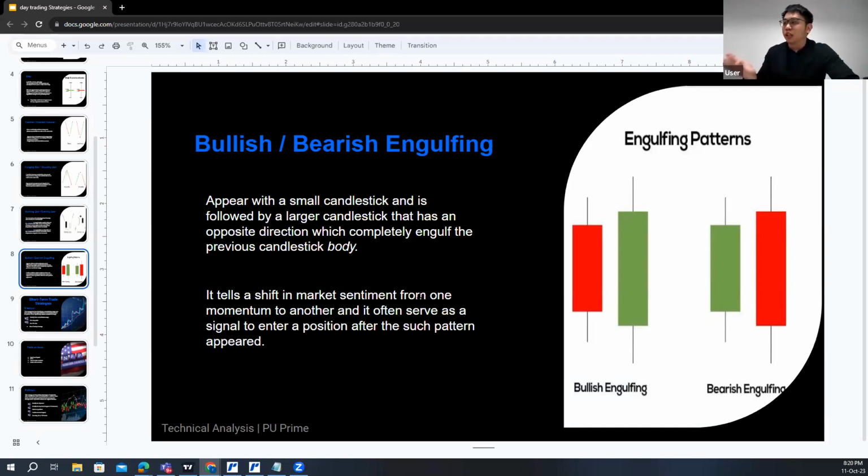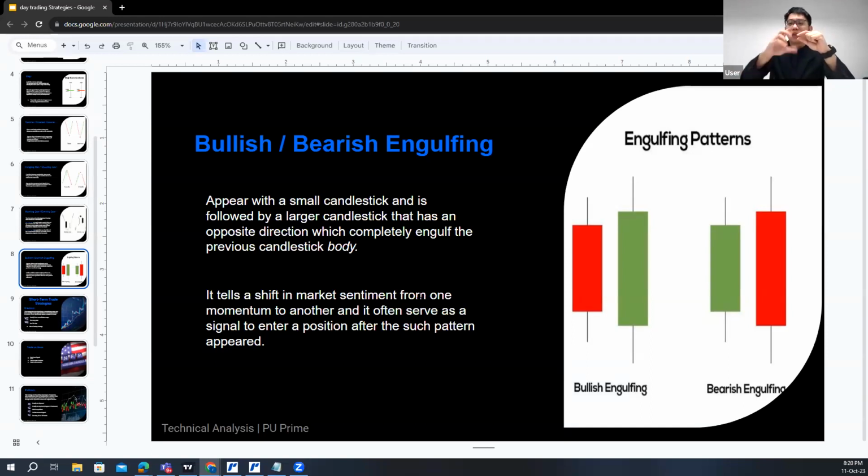It is the same for the bearish engulfing. The difference is the sequence of the candlesticks. Bearish engulfing is like when we enjoy a very solid long-term uptrend, bullish trend going up, and then after that you have a shorter candlestick, a bullish candlestick, green candlestick, you name it.